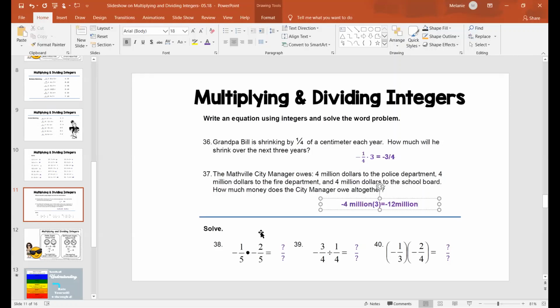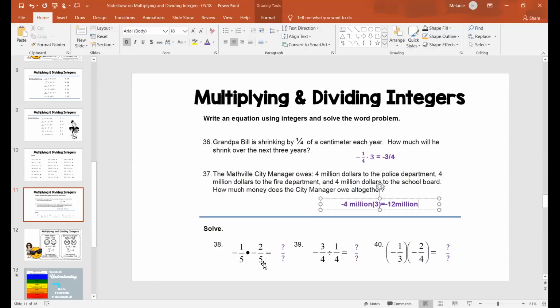Most of the time we're multiplying and dividing negative integers, but as you go to 7th and 8th and 9th grade and above, you're going to be dealing with negative numbers in general, negative decimals, negative fractions. Same rules apply.